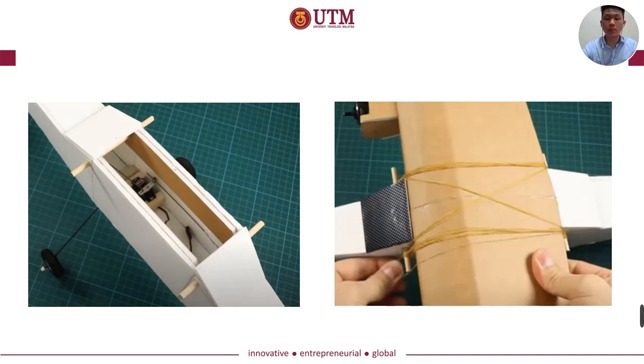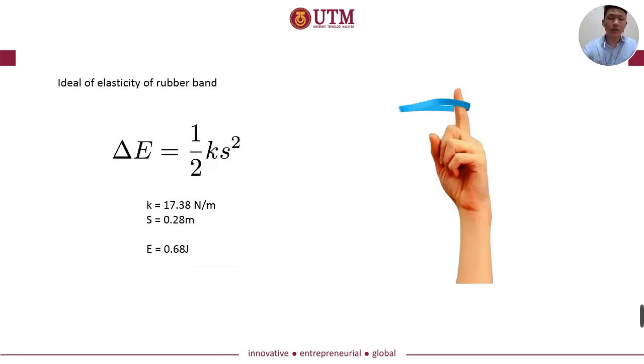It's simple. And when we talk about rubber bands, we talk about elasticity. The equation is E equals half of the spring constant times the distance squared, where E is the energy stored in the rubber band.